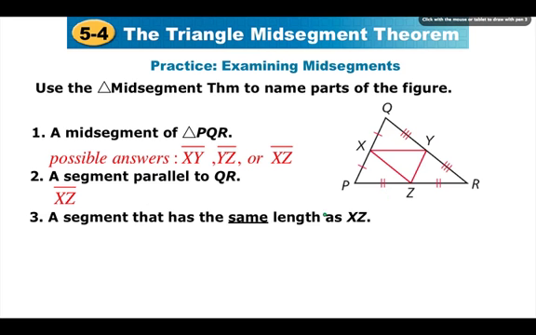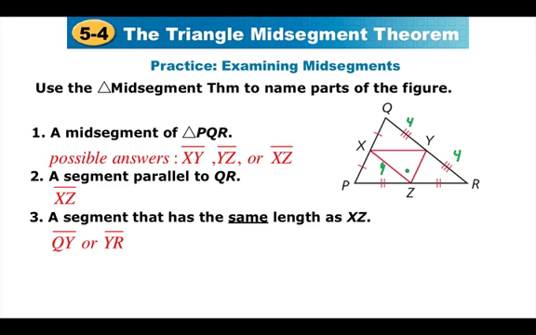Number 3, a segment that has the same length as XZ. So here's XZ. I need a segment that is the same distance as this. So there's 2 answers, either QY or YR. If this is 4, you know that this is also 4, and this is also 4.